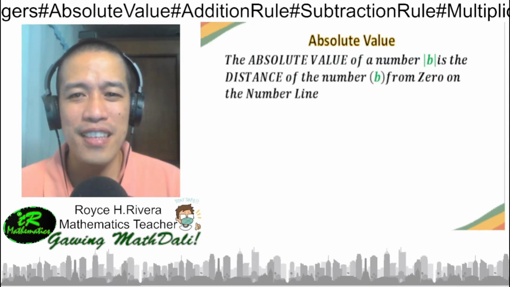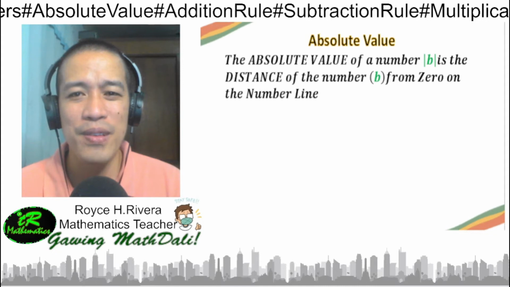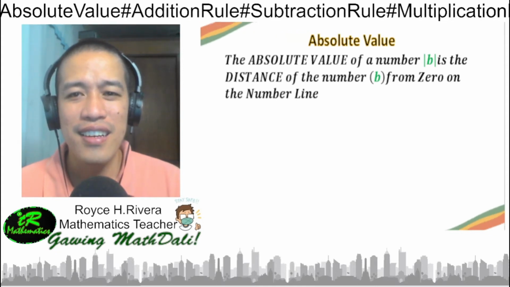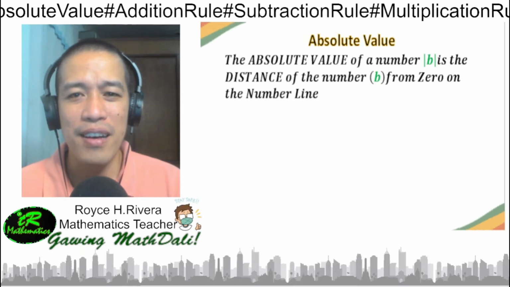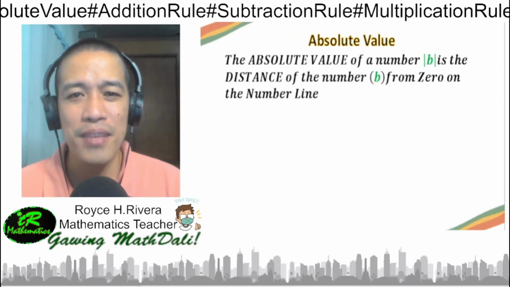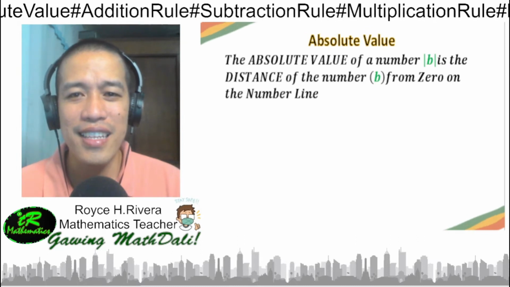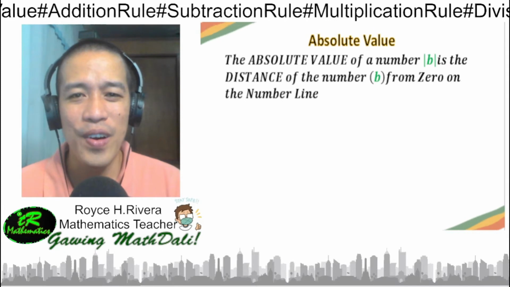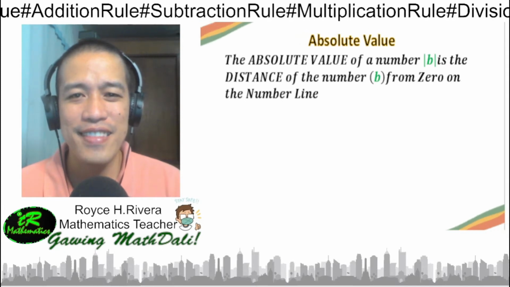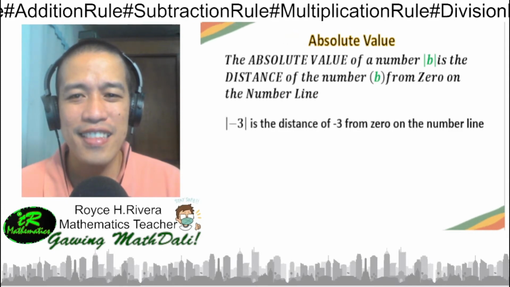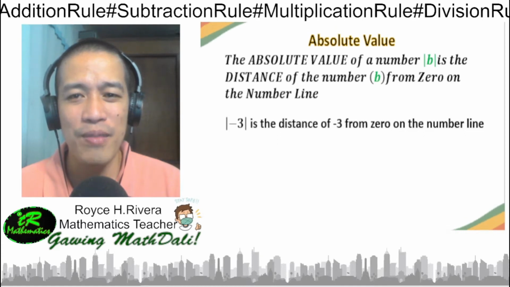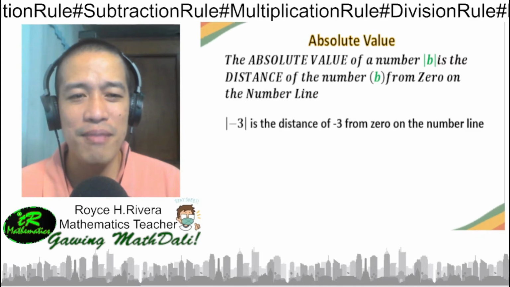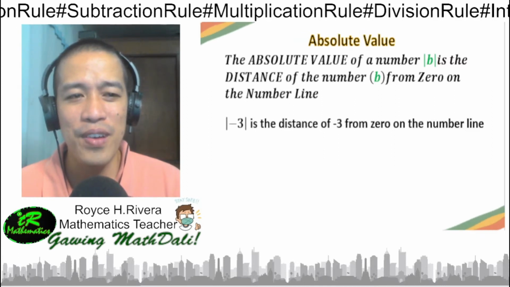We have the definition of the absolute value. Its definition states the absolute value of a number, let's say b, is the distance of the number from 0 on the number line. Let's say the absolute value of negative 3, it is the distance of negative 3 from 0 on the number line.